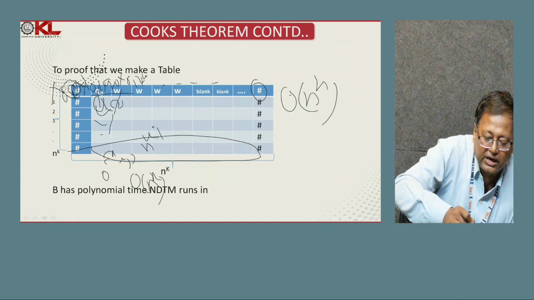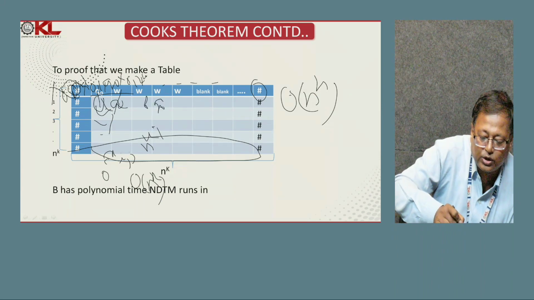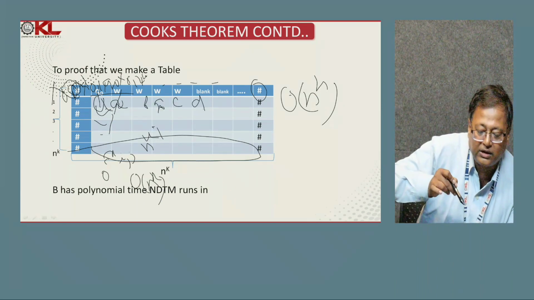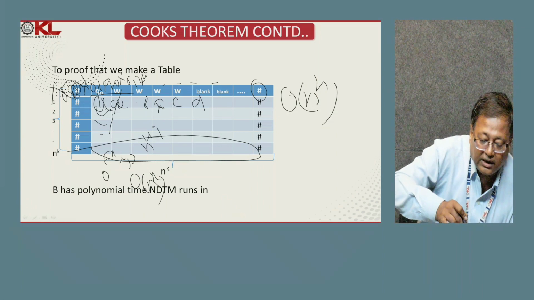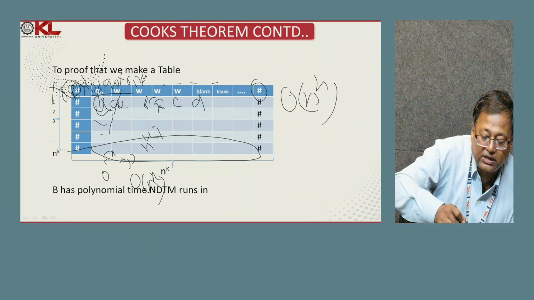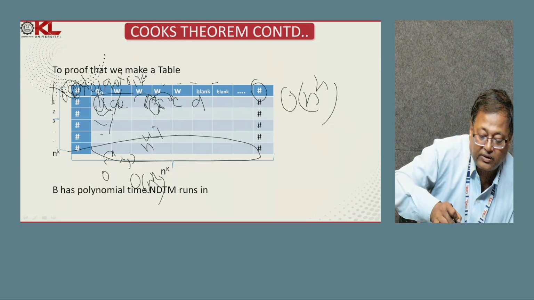Suppose this is A, this is B, this is q0, this is C, and these are the literals, and in the next state, in q0, we can read this and go to the left. For that we change C to D, or B to x.